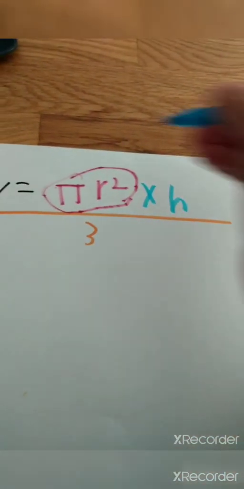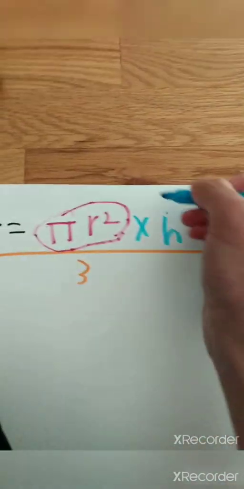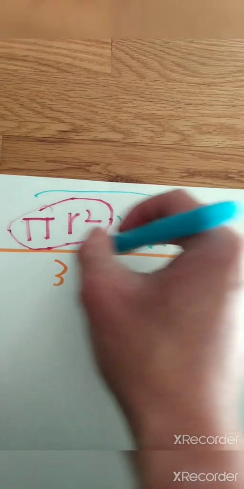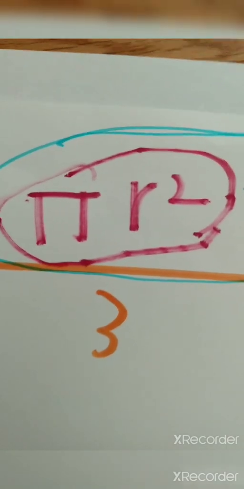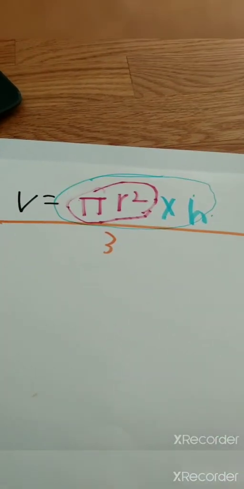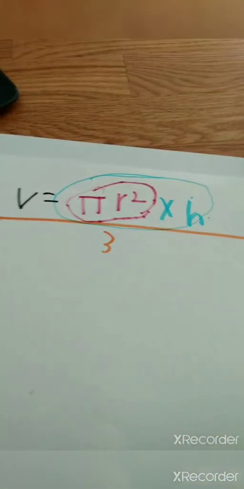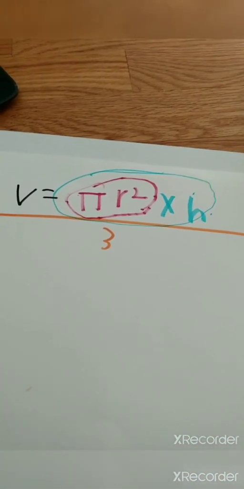And if we multiply pi r squared by height, we get the formula of a cylinder. But why would the formula for a circle and the formula for a cylinder be inside the formula to find the volume of a cone?